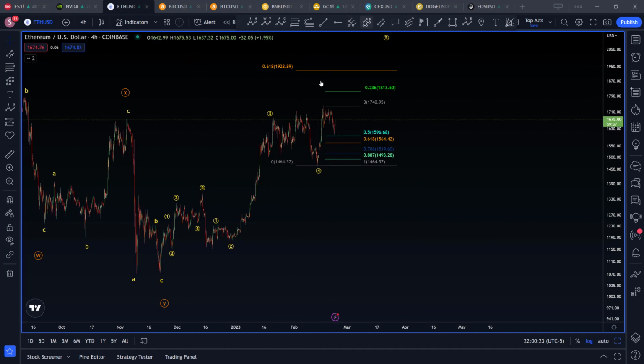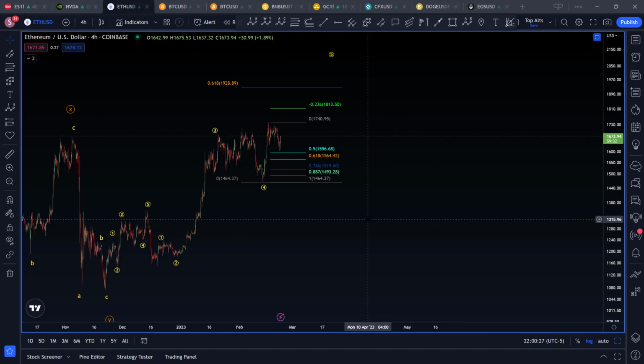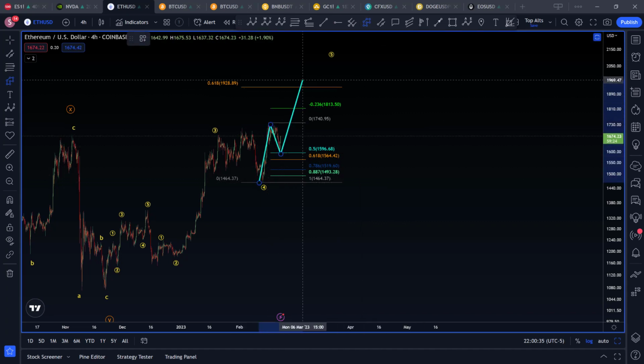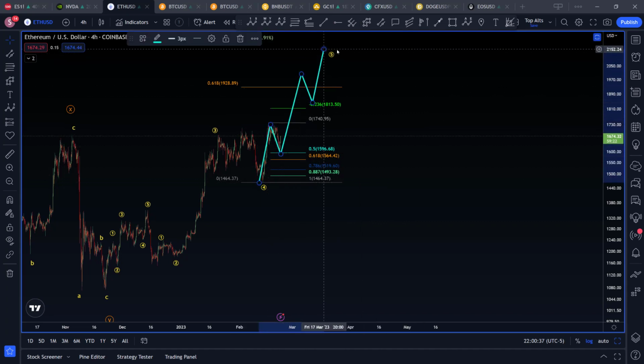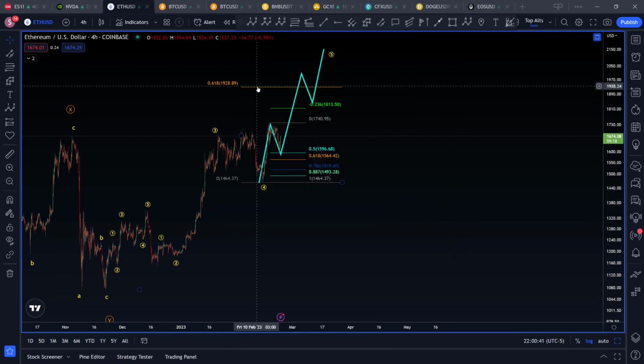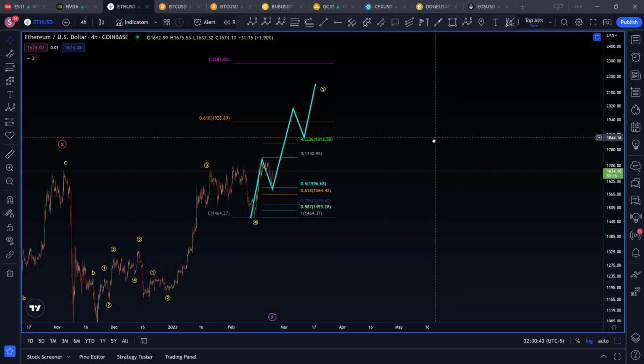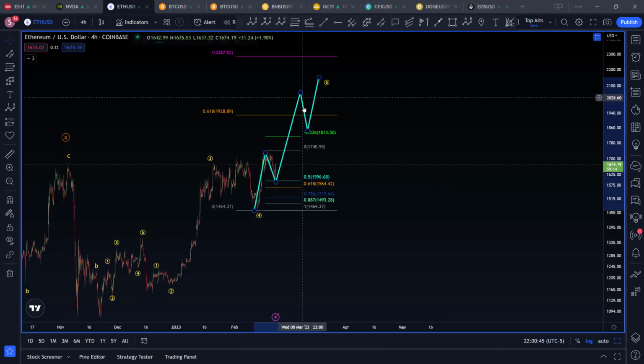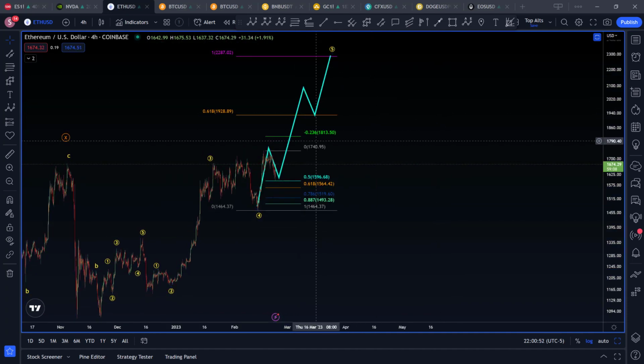It always could get longer and more complex in the sideways here. But I think we may be potentially setting up for an extended 5th wave. And that would look something like, let's say, this. Where you would get to the 1 to 1, 0 through 3. So yeah, I think that could potentially be in play.